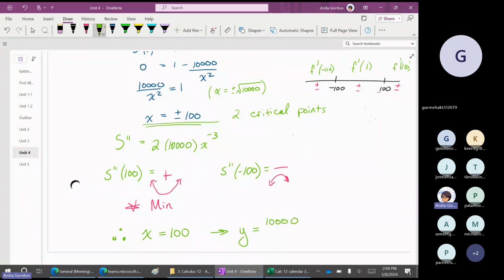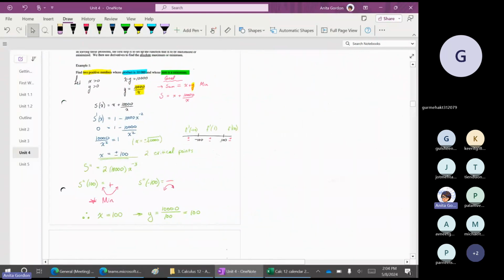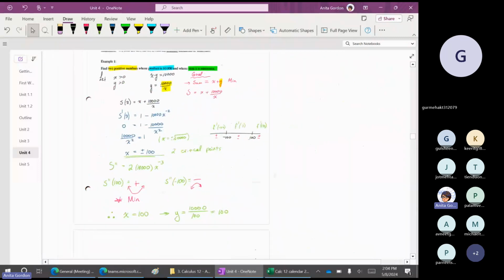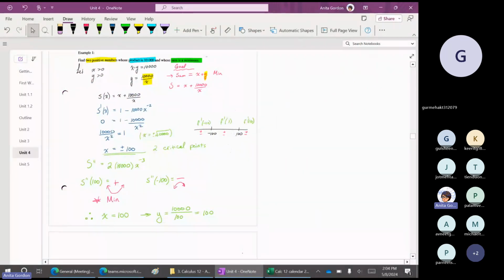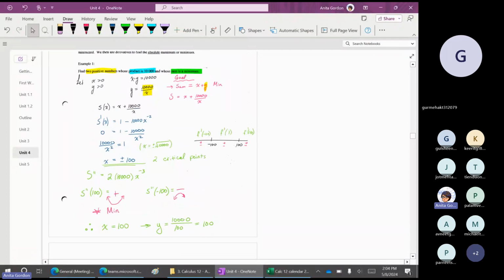Or you could take what y equals, divide it by your critical point, 100. So the two numbers that satisfy both of the requirements are the point 100, 100, or x equals 100, y equals 100.